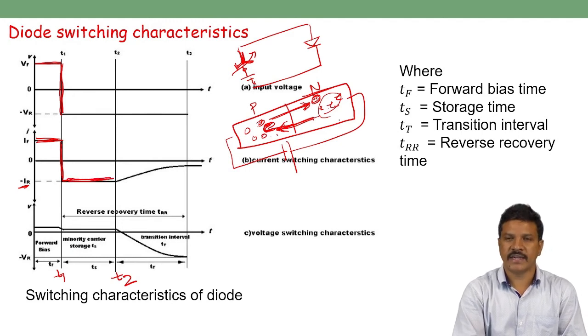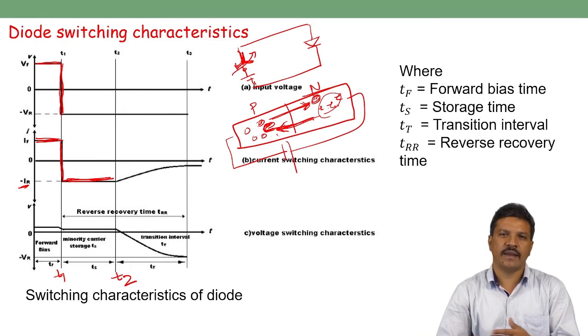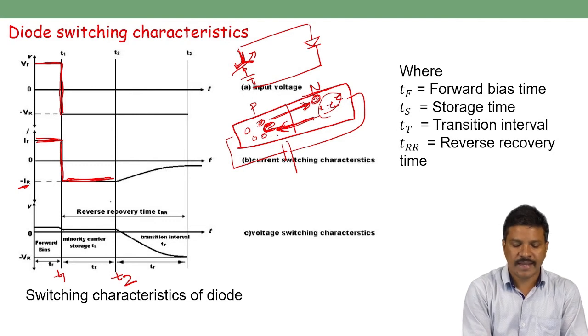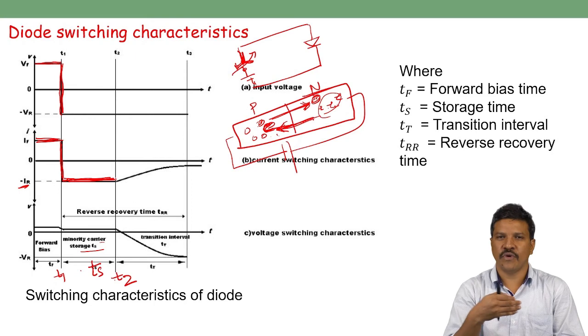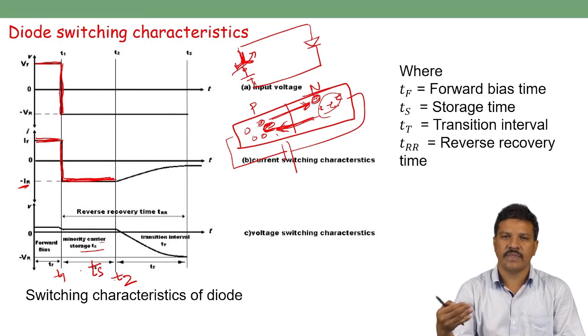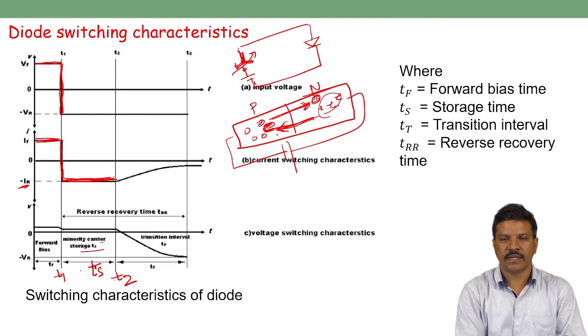All the minority carriers in the opposite region return to their original parent region.